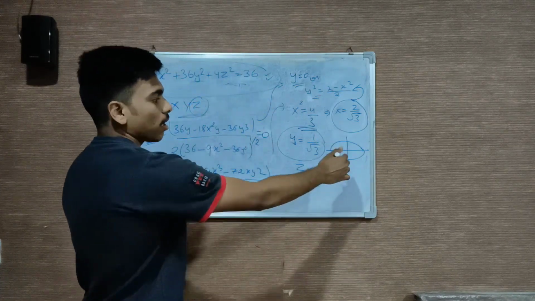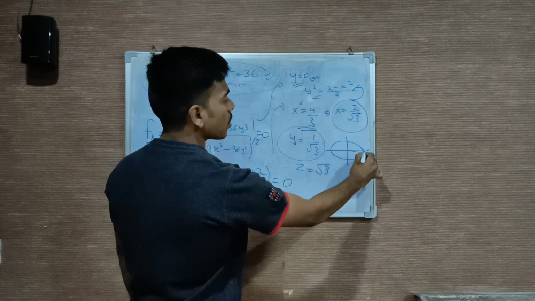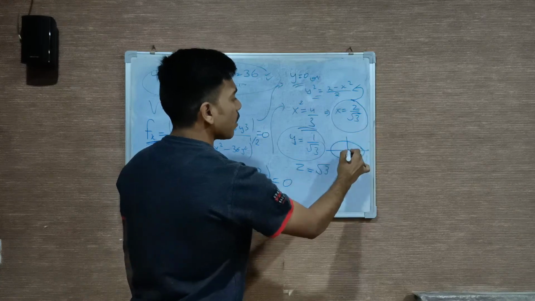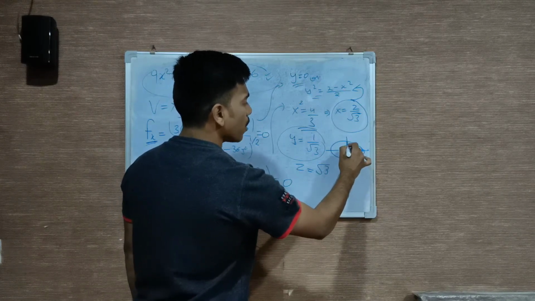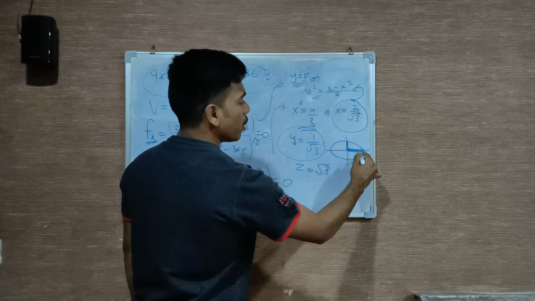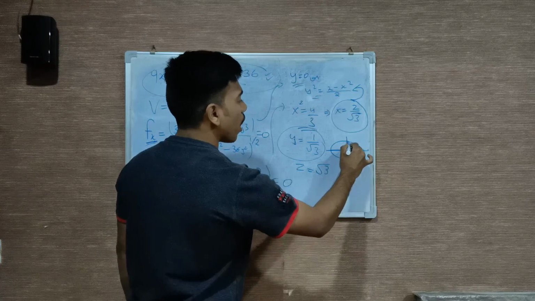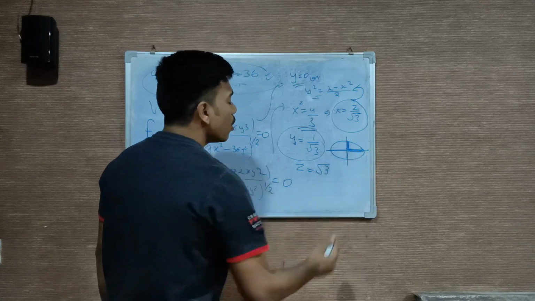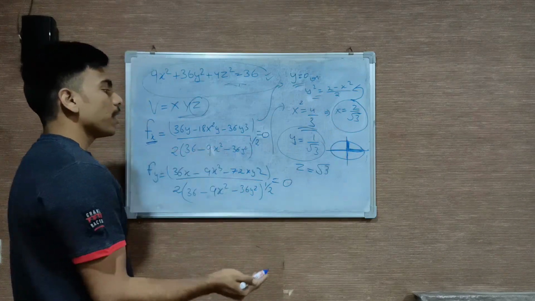In this ellipsoid we just found the positive x value and the positive y value, so we found only half of the x and half of the y. We need to multiply all these three values by 2, and then find the volume.